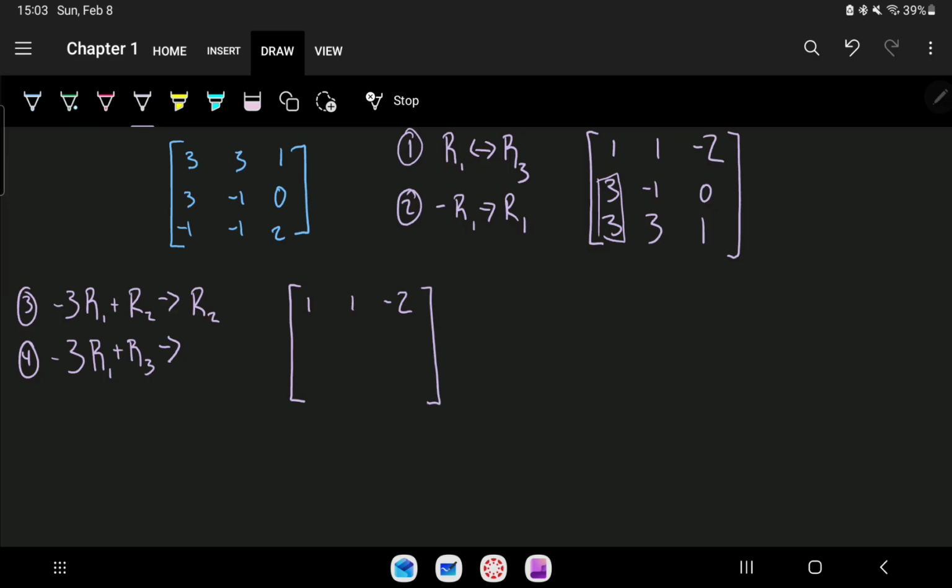So just like last time, I will write this out so that you can see what I'm doing. In our heads, we see that this first row is going to be multiplied by -3, so that's going to be -3, -3, +6, right?